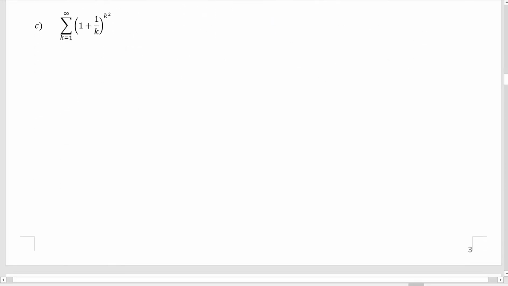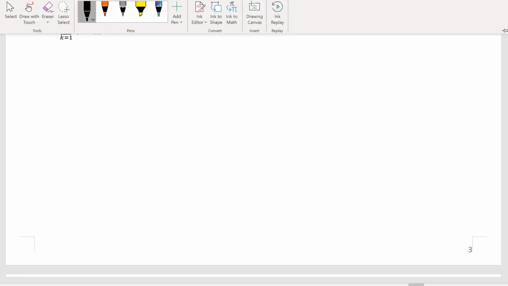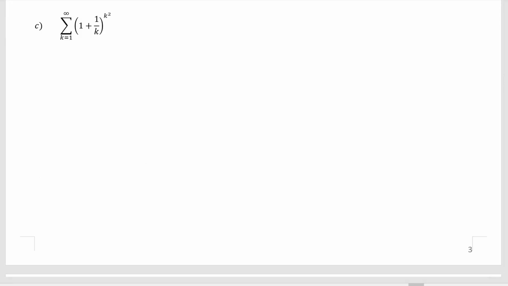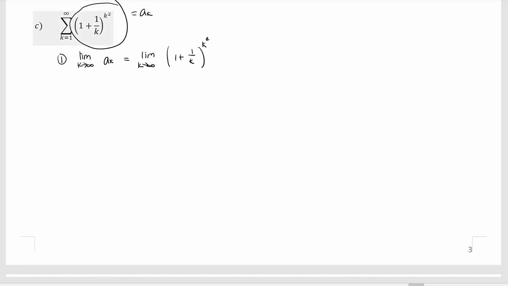Part C. So let's continue. Let me get the black color. So first step. This guy is a sub k. So a sub k is the limit as k goes to infinity of (1 plus 1 over k) to the k squared. Well, you can see when k goes to infinity, the inside goes to 1, and the exponent goes to infinity.